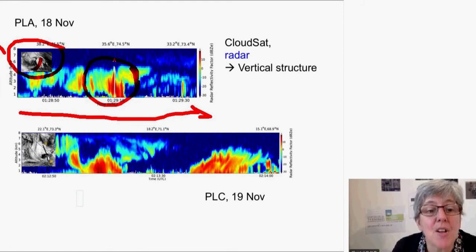During this period of time, there was a second pass which was crossing this time polar low C, and we get the same type of structure. We see that we have a maximum elevation for clouds of about 5 kilometers, and we see that in the eye of the polar low, this is clear.